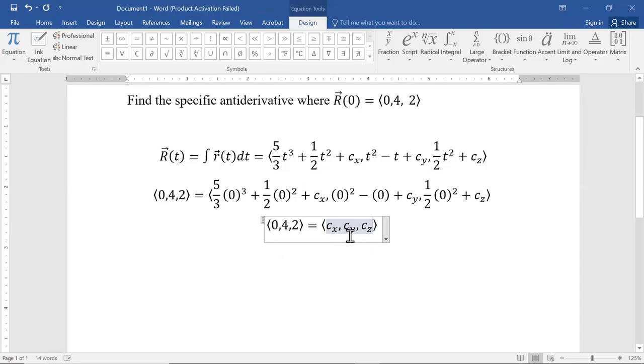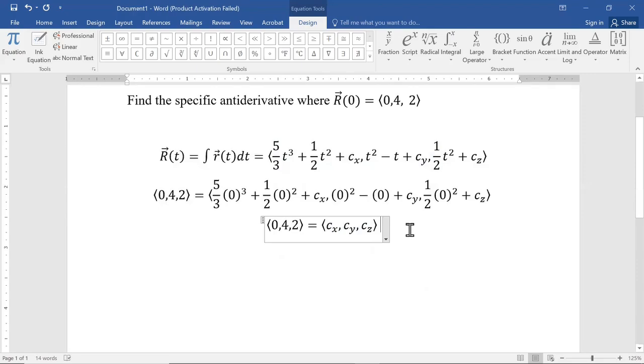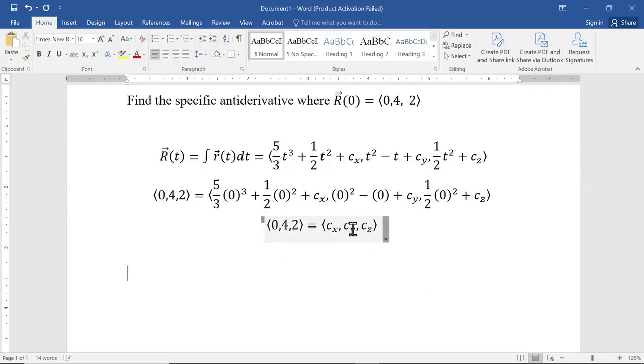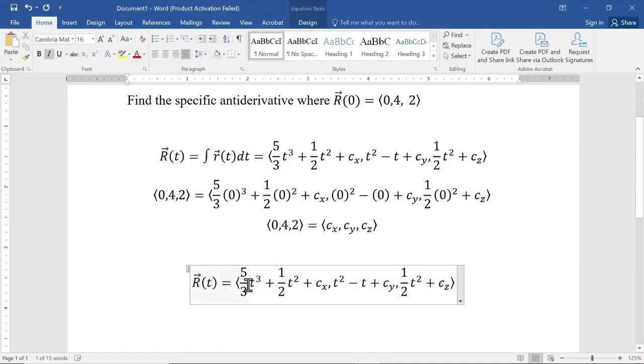So Cx, Cy, Cz are 0, 4, and 2 respectively. And that means if I go back up here, the specific antiderivative that I wanted was 5/3 t to the third plus 1/2 t squared plus 0.